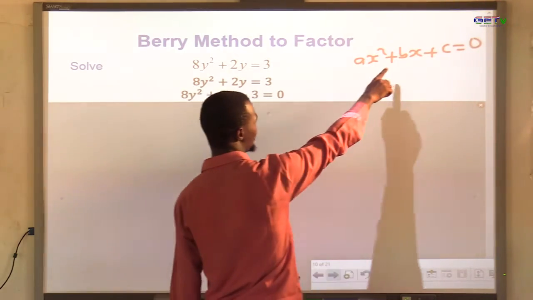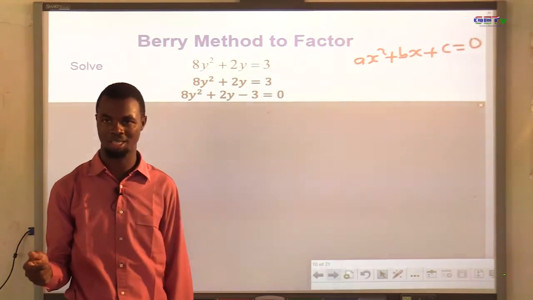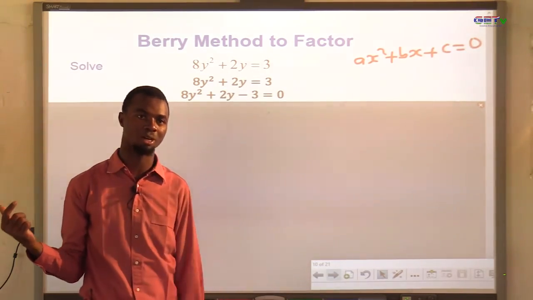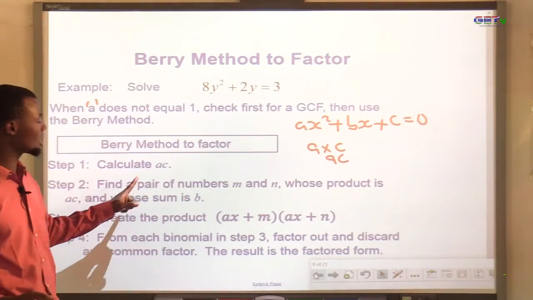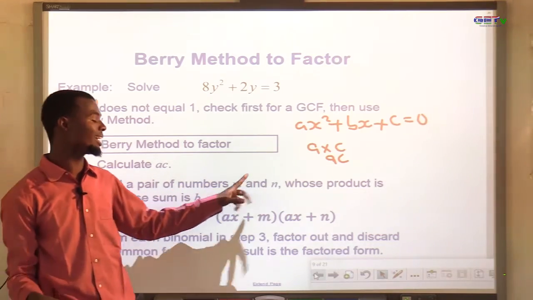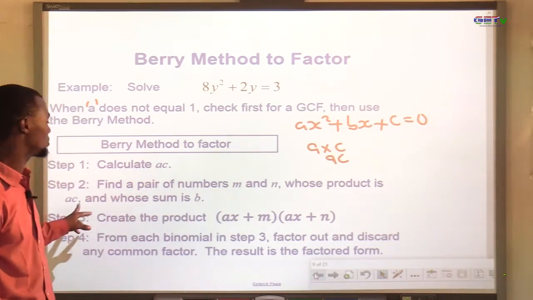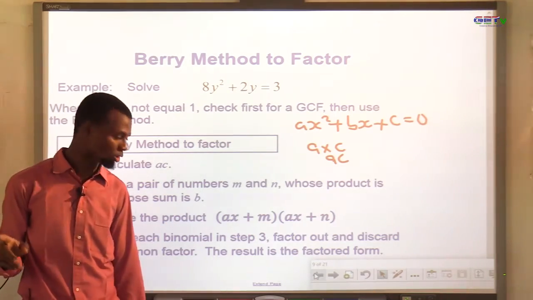You have them now in this form: ax squared plus bx plus c. Remember the procedures you are asked to take. The procedures are: first, calculate AC, find a pair of numbers m and n whose product will be AC and sum is b.